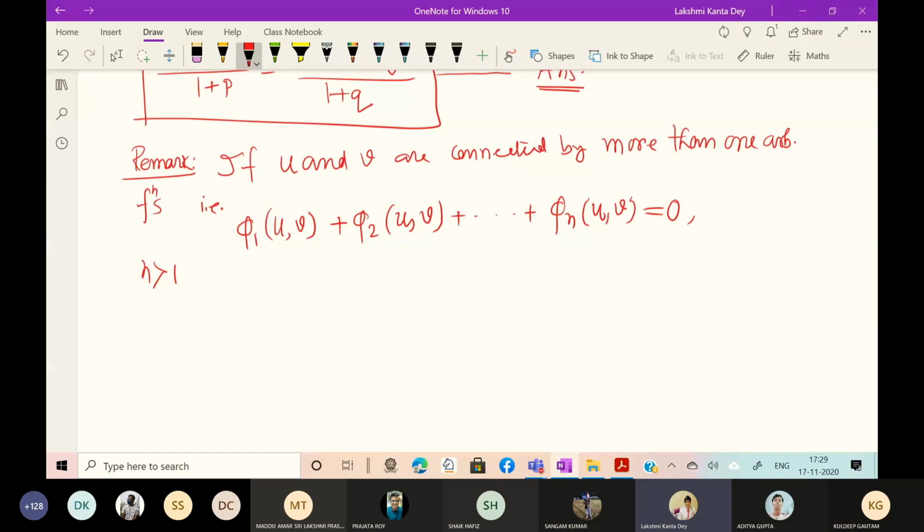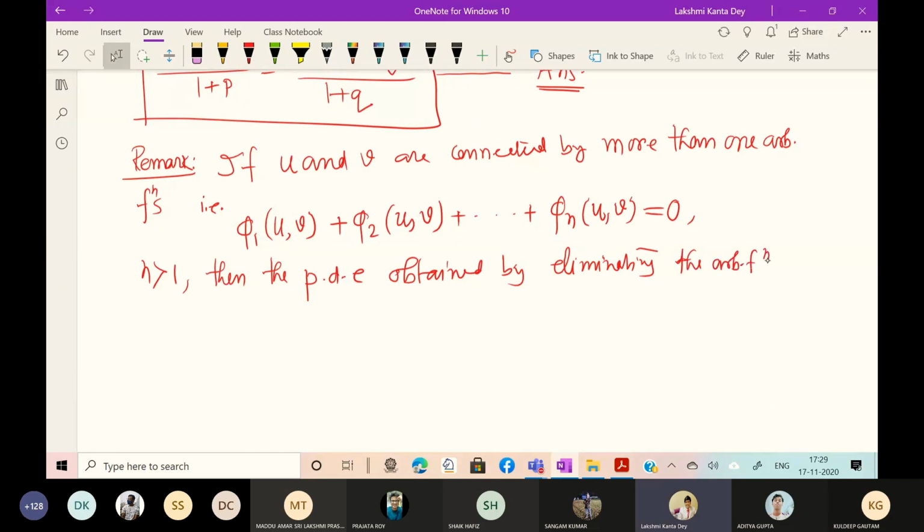that means more than 1, then the PDE obtained by eliminating the arbitrary functions phi1, phi2 up to phi n is of order greater than 1.